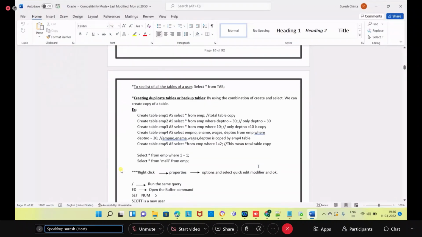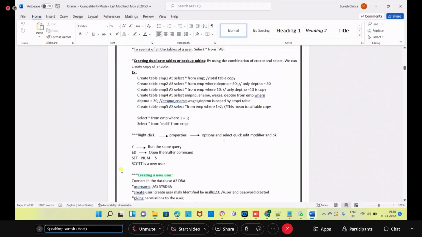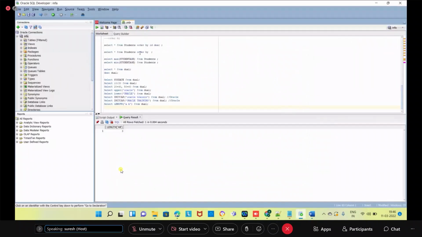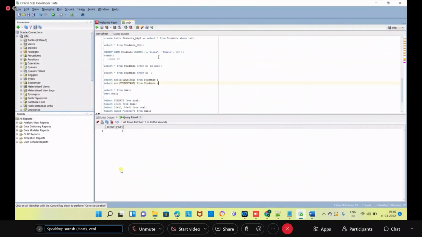Next. So every point is clear, right, for you? Anyone can speak? Sir, what is the difference between order by and ascending, sir? Ascending is, by default it runs with ascending order.